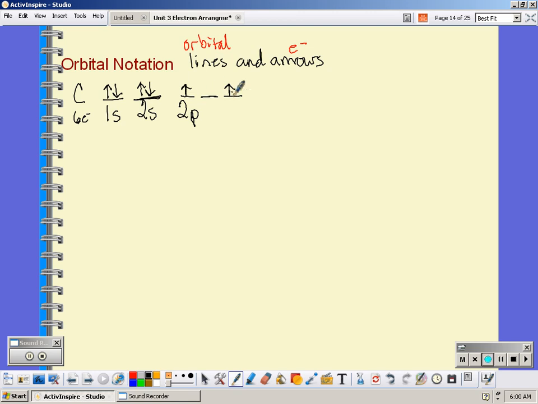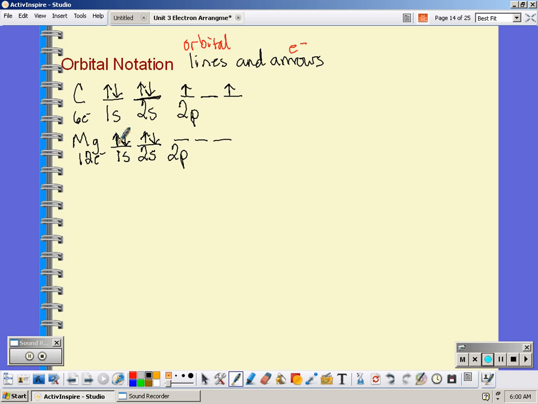If we do magnesium, magnesium has 12 protons, so it has 12 electrons. So we'll start at the lowest energy, 1s. That's 2 electrons. The next energy level is 2s, again 2 electrons. The next energy level is the 2p. Every p sublevel has 3 orbitals. I'm at 4 electrons and I'm trying to get to 12.